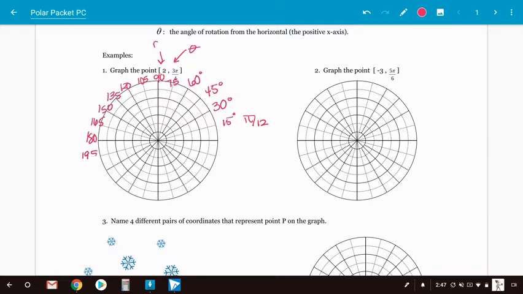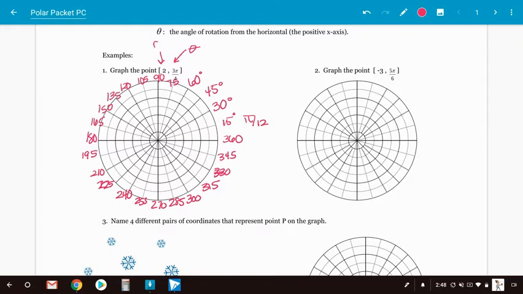Let's see, 195. I'm just adding 15 in my head every time, and you could do that as well. 285, 300, 315, 330, 345, and 360. And similarly, count by π over 12s.